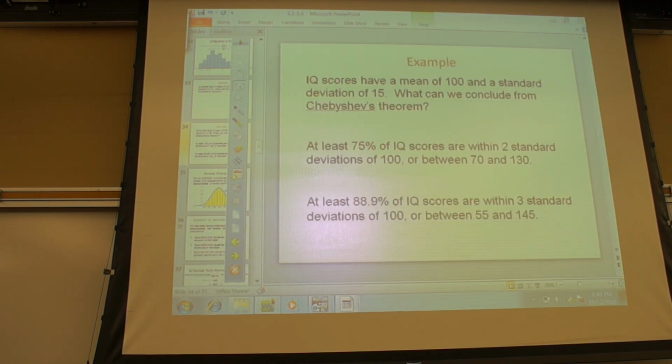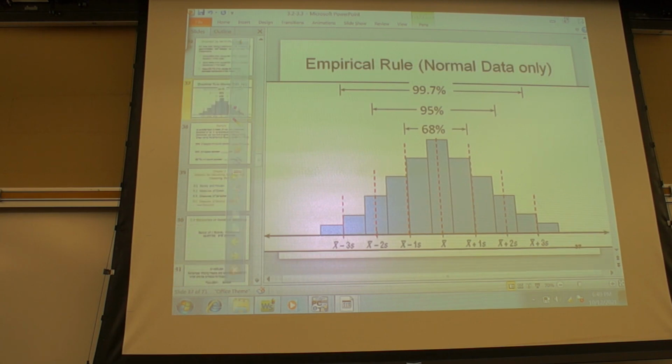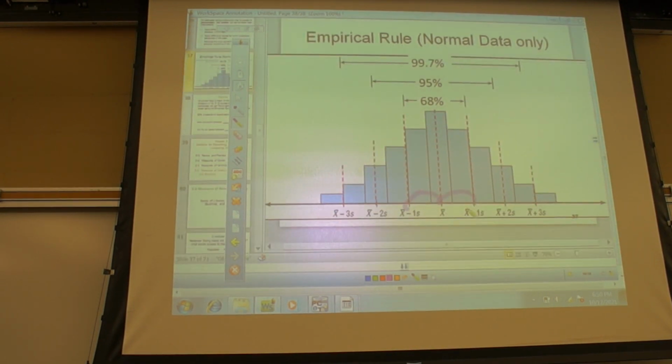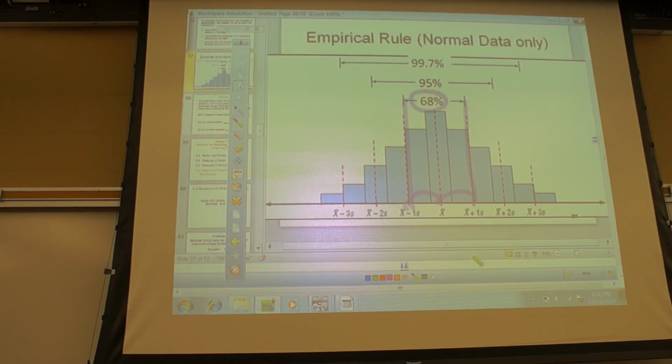Here it is pictorially. It's saying that within 1 standard deviation of the mean, here's my mean, if I go 1 standard deviation away, then about 68% will fall within this range.